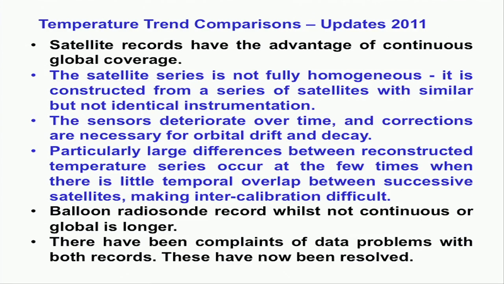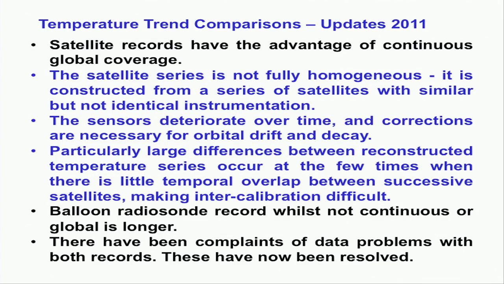So, we continue to compare temperature trends between all these different data sets to give us confidence. We said that satellite records have the advantage of continuous global coverage. It's not fully homogeneous for reasons we talked about in terms of instrumentation and orbital decay and drift. We did see some large differences between the reconstructed temperature series at certain times, because there's poor overlap between successive satellites.